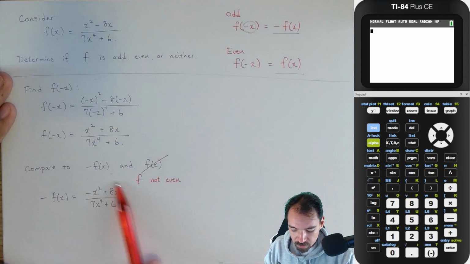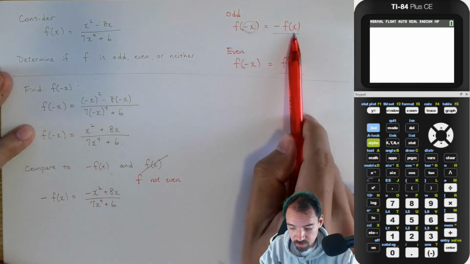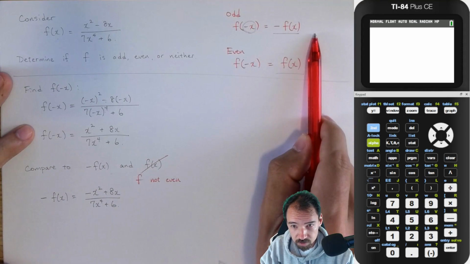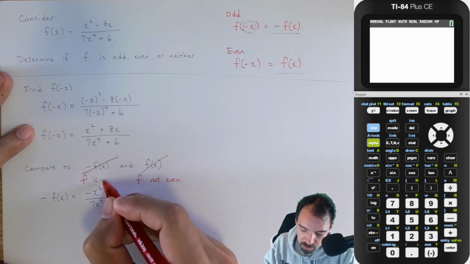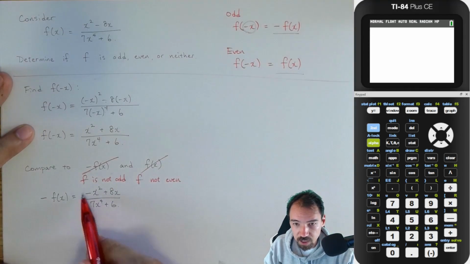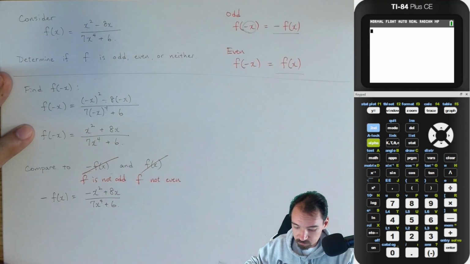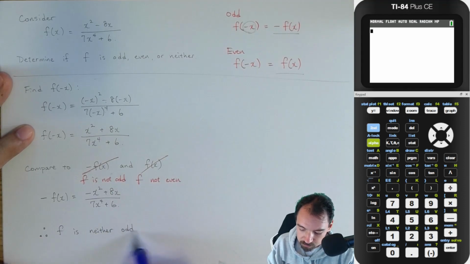And we see that this, which is negative f of x, is not the same as f of negative x. Okay, so that means this condition is not true. Oh, so f is not odd. So we say that f is not even, f is not odd. So our conclusion, therefore, f is neither odd nor even.